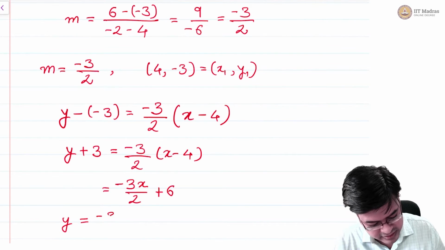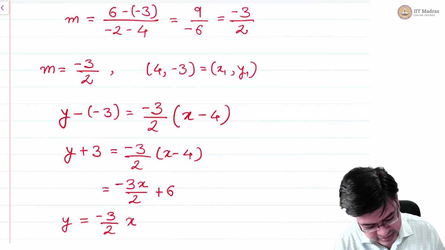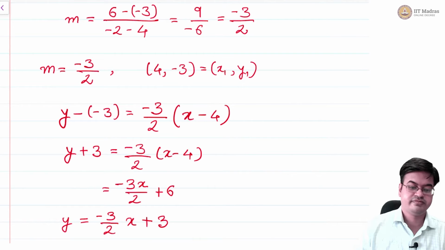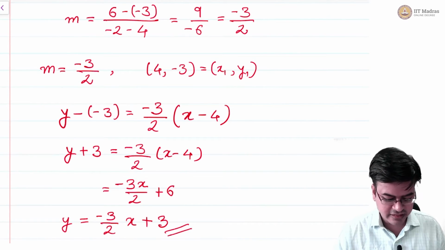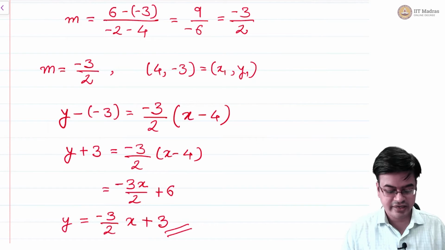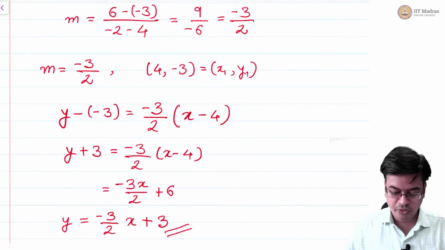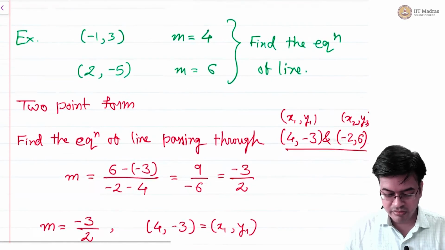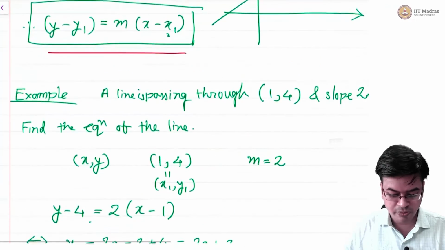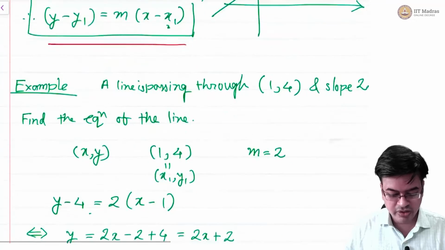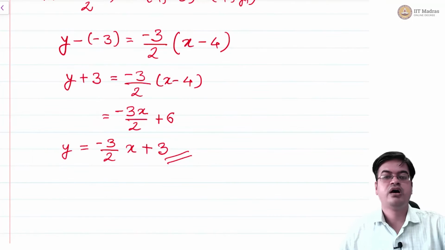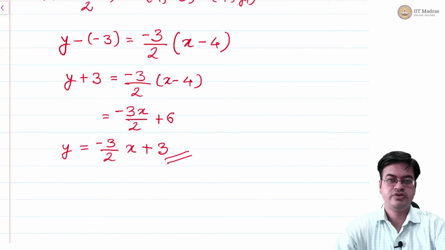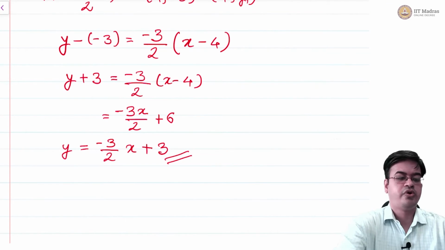So it will be -3 by 2 x plus 6 minus 3, that will give me 3 again. Okay, so this is done. This is the standard form of the equation we have regained using the 2-point form. The initial one was the slope point form. So what we did, we took both the points, reduced everything to slope point form, and figured out how to find the equation of a line using the 2 points.